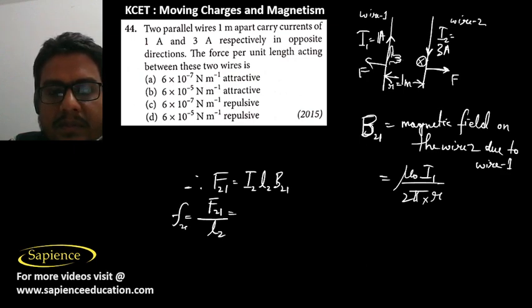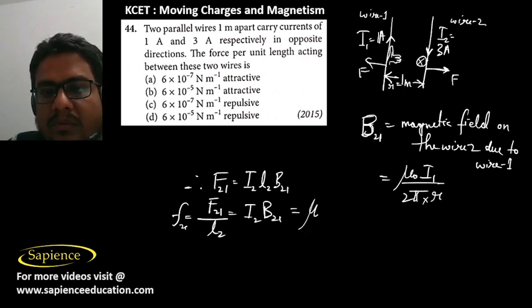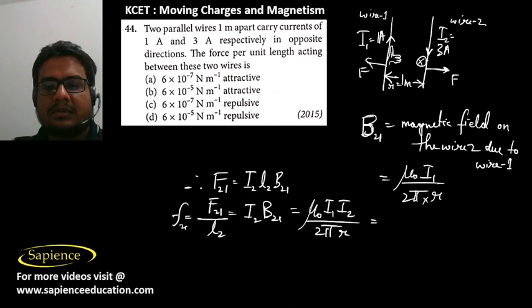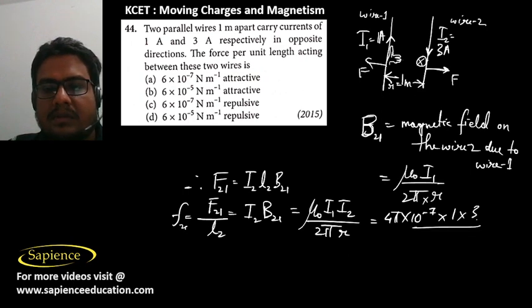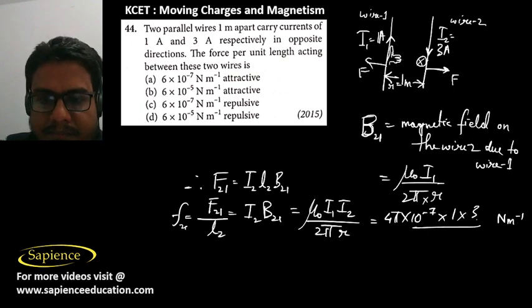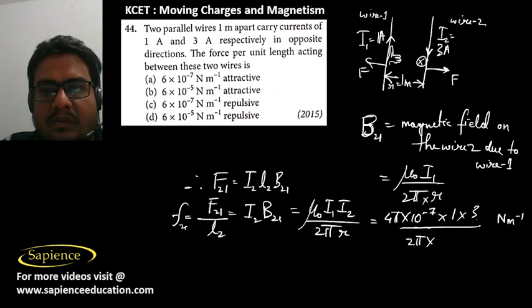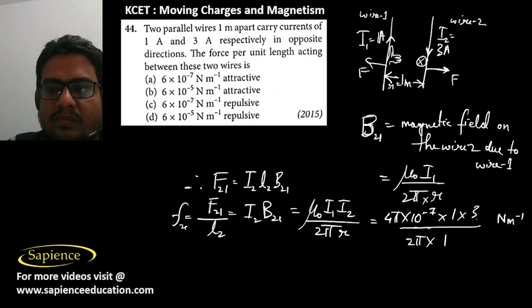So this will be I2 into B21, which is equal to mu naught into I1 I2 by 2 pi into r. So this will be mu naught, that is 4 pi into 10 power minus 7, into I1 is 1, I2 is 3, in Newton per meter, divided by 2 pi into r. R is 1 meter, the two parallel wires are 1 meter apart.